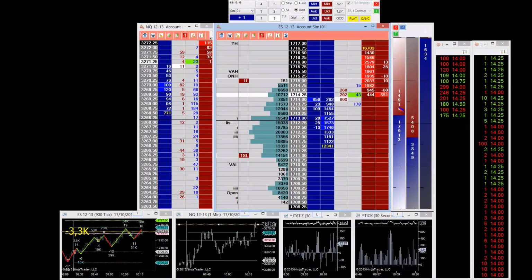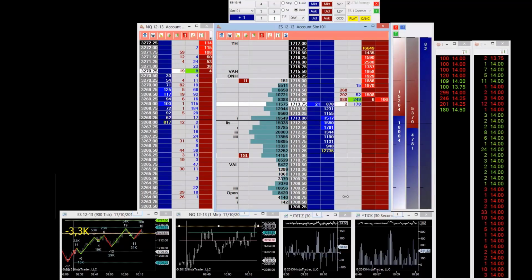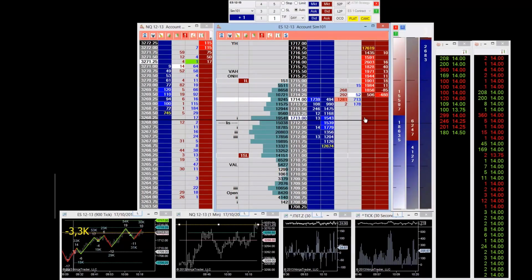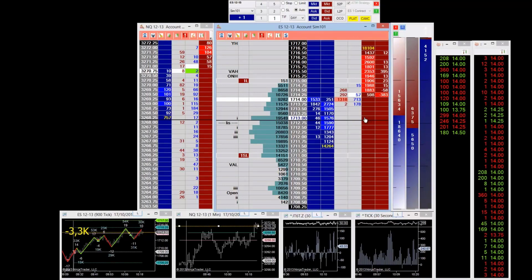We have just slightly more buyers than sellers. We have NASDAQ at highs, but not coming down. So in terms of this trade, is this a pullback or is this a reversal, a failure to go through the high? Don't know yet, but I do know we don't have to take a lot of risk. We're not going to see this market come down to 1711 in just a few seconds. We could actually put a break-even stop right now.